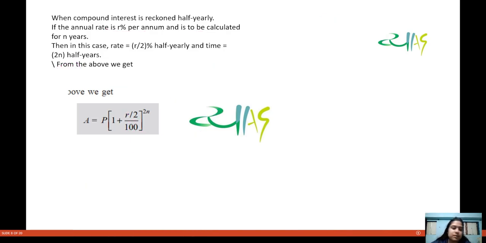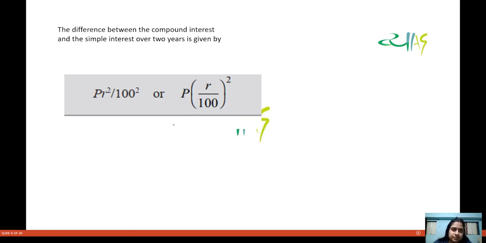Now let's move a little bit more forward. For example, if any question asks you to calculate the difference between the compound interest and simple interest over 2 years, that will be given by PR square divided by 100 square, or P into (R by 100) whole square.